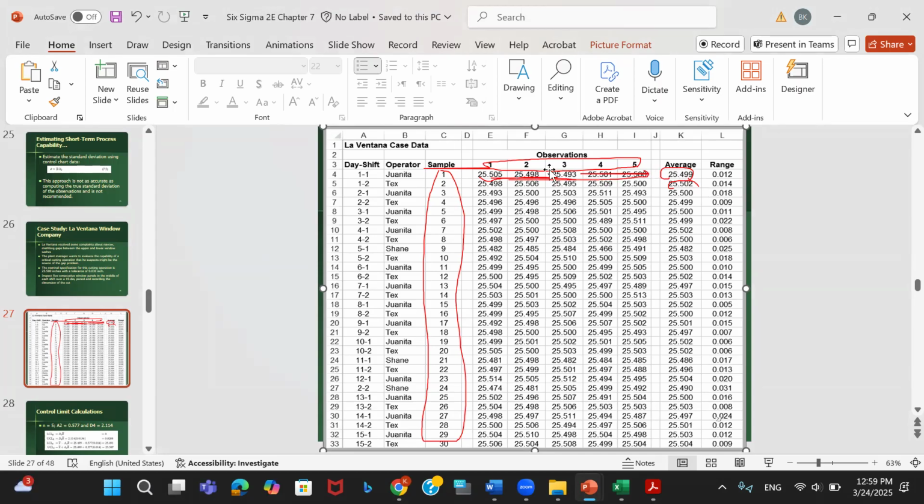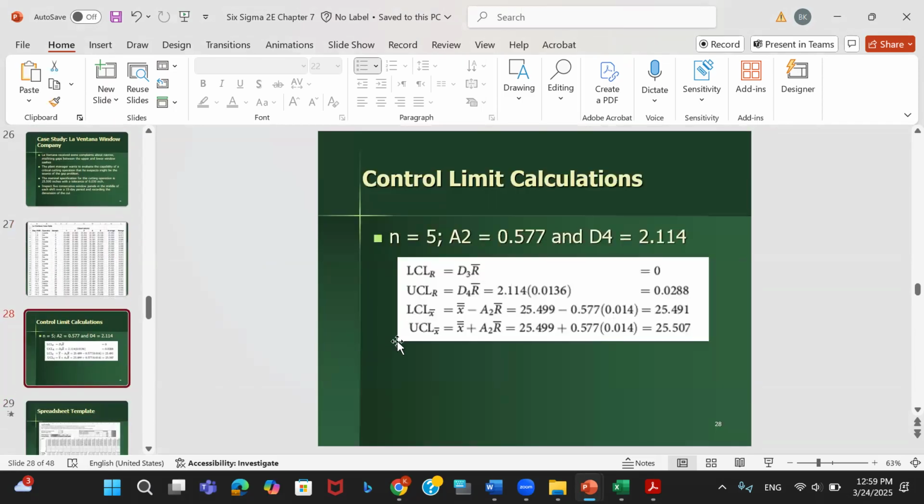They got the average, and they got the range with the maximum of this, which is I think 25.505 minus 25.4093. This will give them the range, and we do the same thing for each one. And then we calculate the upper control limit and lower control limit.